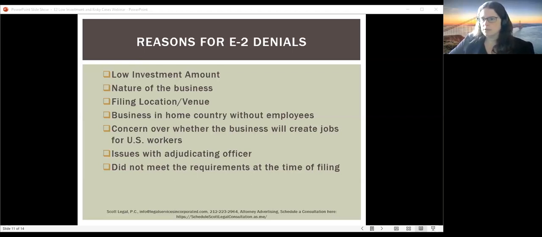So another reason for denial could be filing location. Venue is important. Different consulates, even though the law is the same, have different interpretations, and there is no set dollar figure of what is substantial. So there are some consulates that are used to seeing much larger businesses. They may not be as friendly to lower investment amounts.